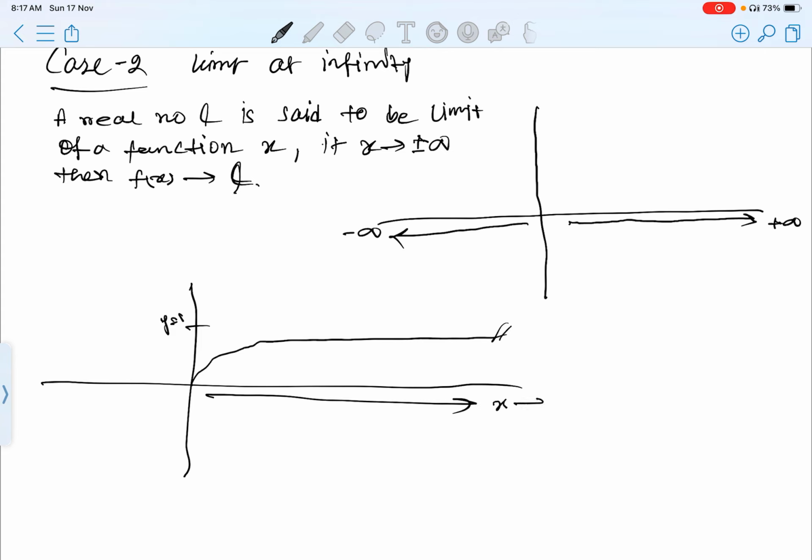Where is the function going? The function is going closer to 1, not reaching 1. Then the limit of this function is f of x equal to 1 at x equal to plus infinity. Maybe this definition is clear.